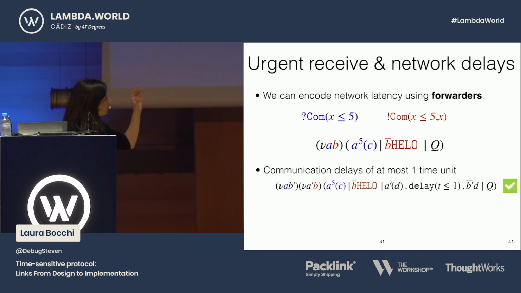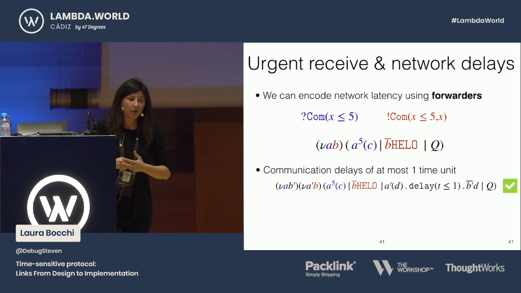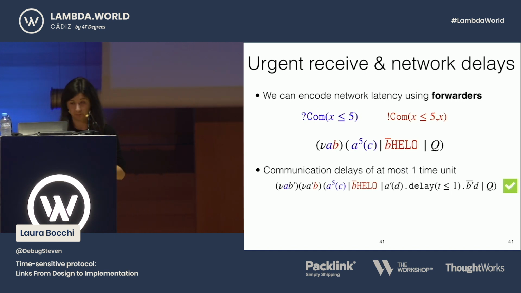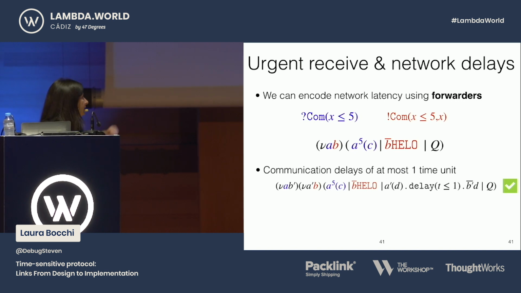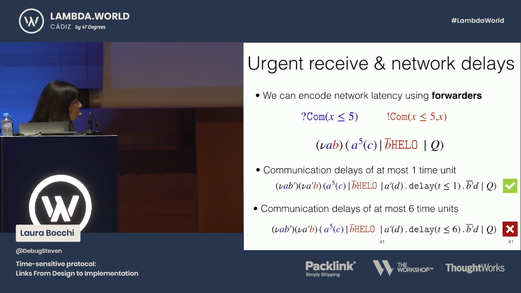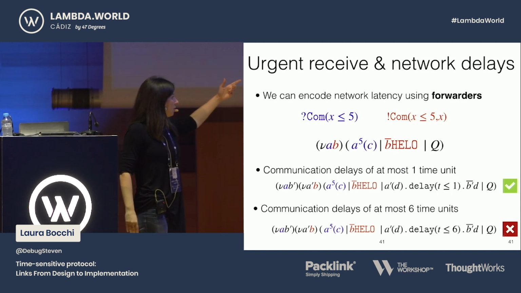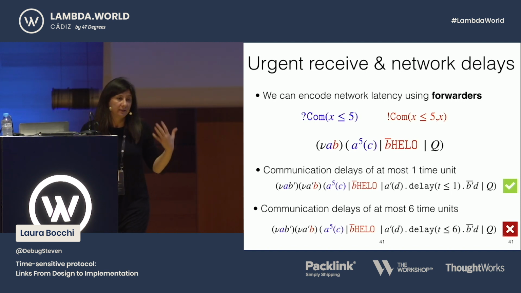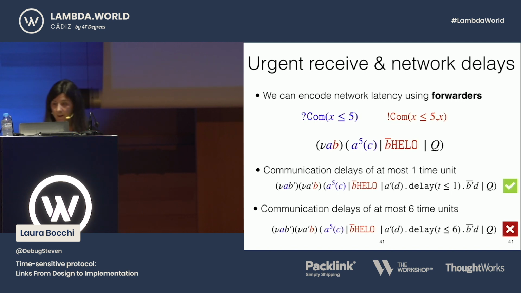Okay, this forwarder is modeling a network delay of at most 1 minute. And we can check that the process is robust to network latencies of at most 1 minute. If we have network latencies of at most 6 minutes, then this is no longer the case.